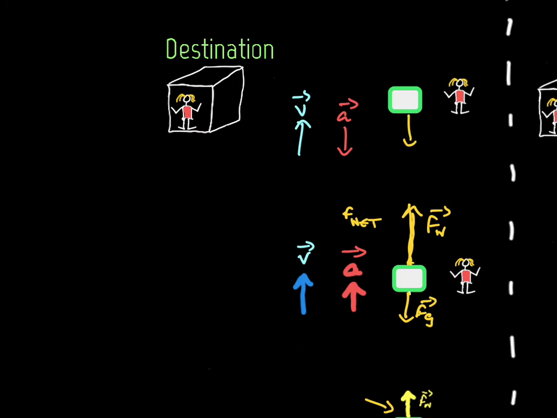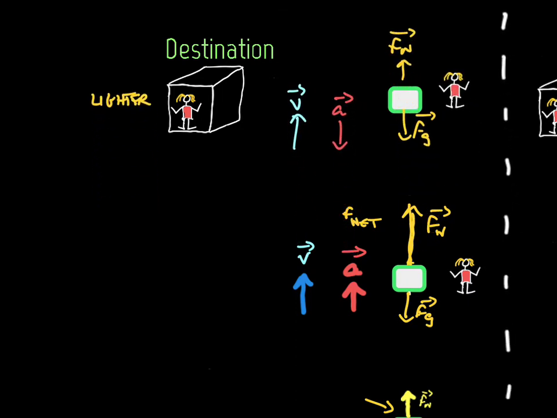So we still have Fg downwards, but now we've got an Fn that is smaller because the overall net force is down. So the sensation of the person in the elevator at this point is they would feel lighter. And if we go back to our scenario earlier, at the midpoint when they're accelerating, they will feel heavier.